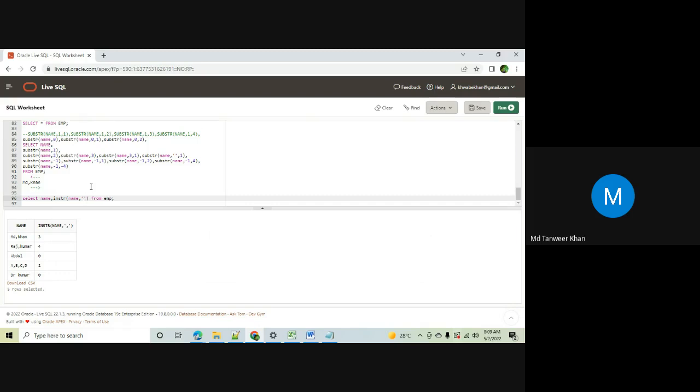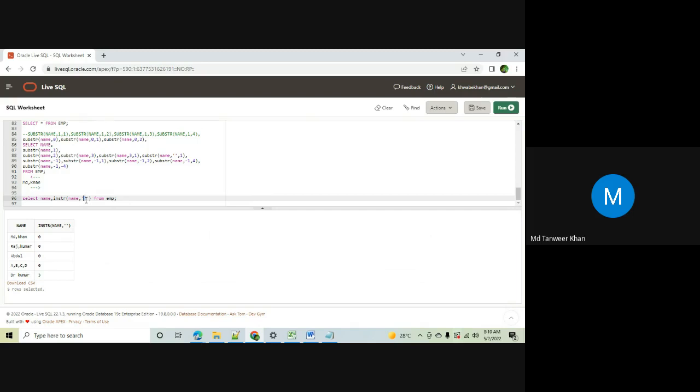Now I'm running this. Who will explain the output? Why are all these 0, but here it is 3? Space is there only in Dr. Kumar. So here I'm searching for a space, right?